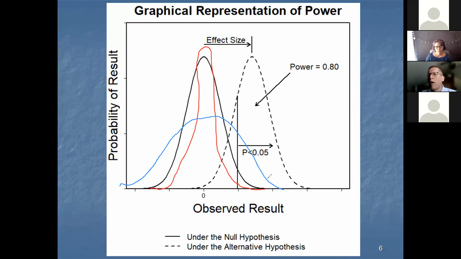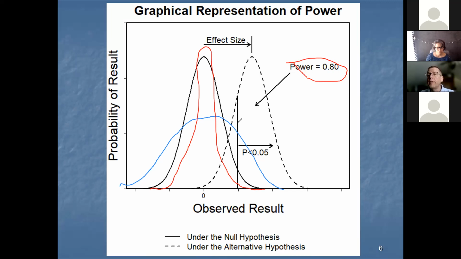Now, what is power? How is power represented in this visualization? Well, I have this note here that power is equal to 0.80 or 80%, and there's an arrow pointing somewhere here. If you remember the definitions that we had in words, we said power is the probability, so again, it's going to be an area under one of these curves.